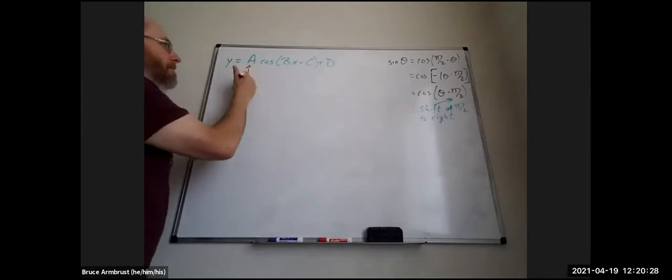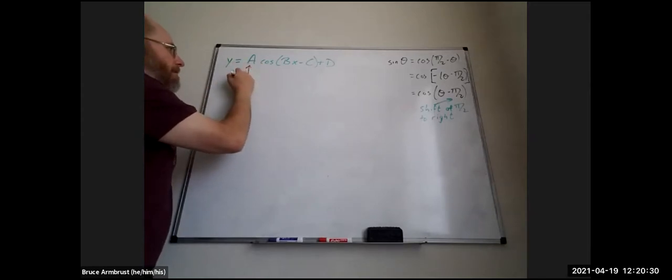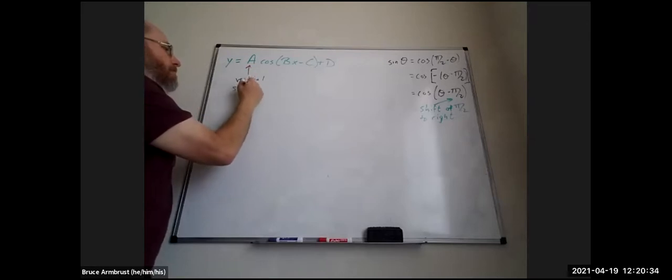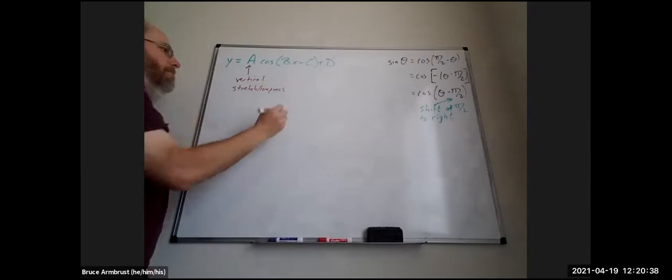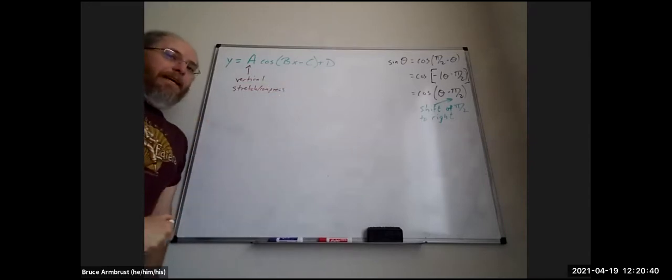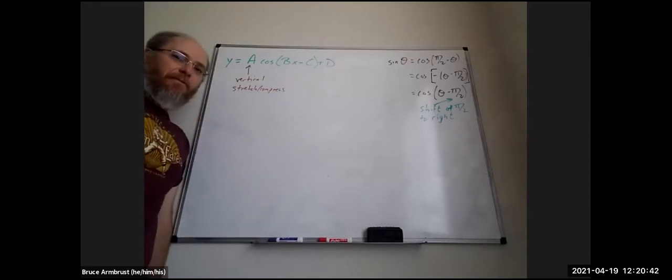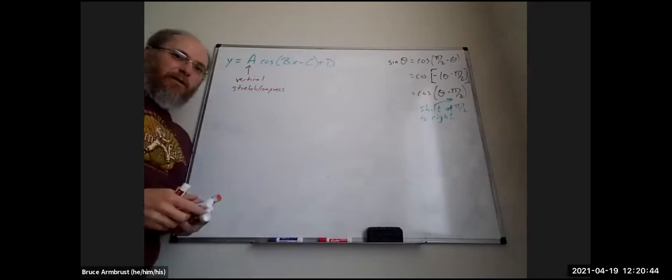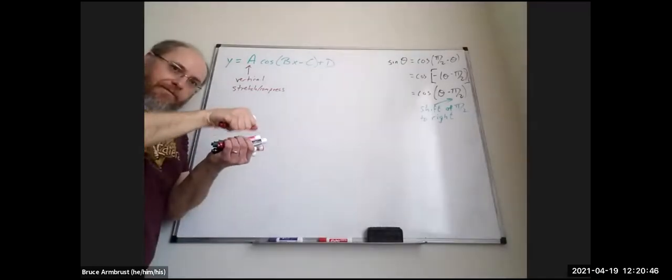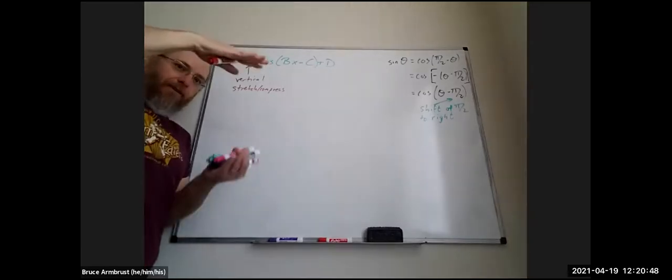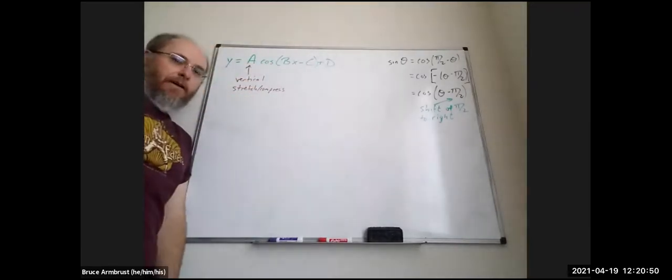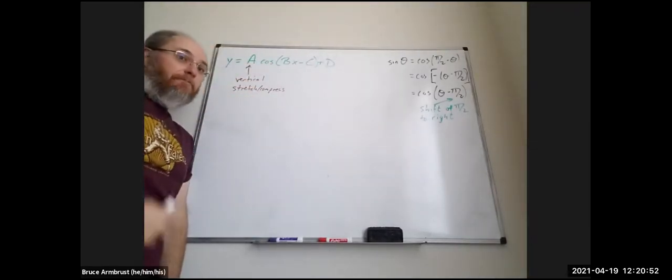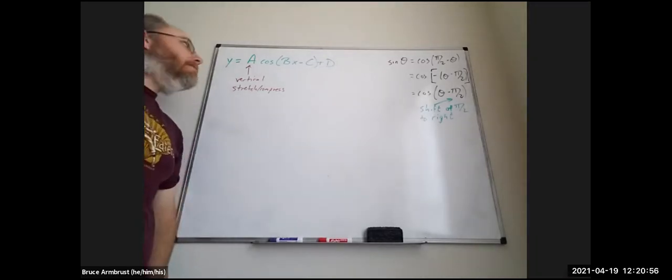And because it's outside of the cosine, this is going to be a vertical stretch or compress. Meaning, think of the graph as something made out of something elastic like rubber, and we literally just stretch it, or we push it down and compress it. Okay, but that's what that A is going to do. That's going to be a vertical stretch or compress.